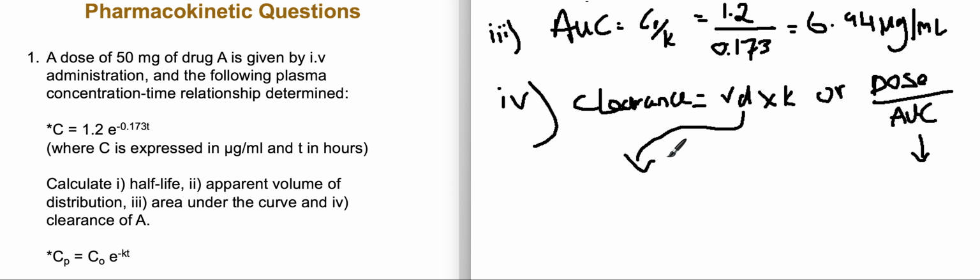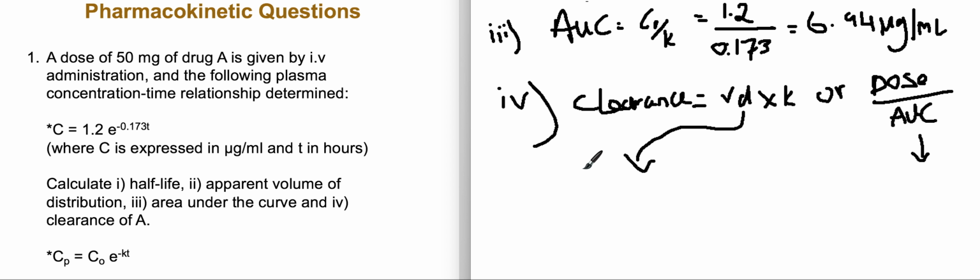So the volume of distribution, I forgot the value, but anyway, I'll figure it out. So volume of distribution was 50 divided by 1.2.